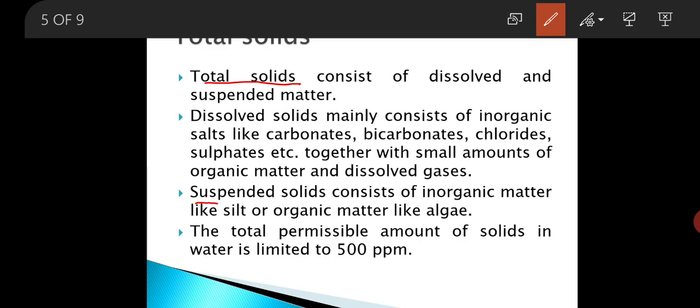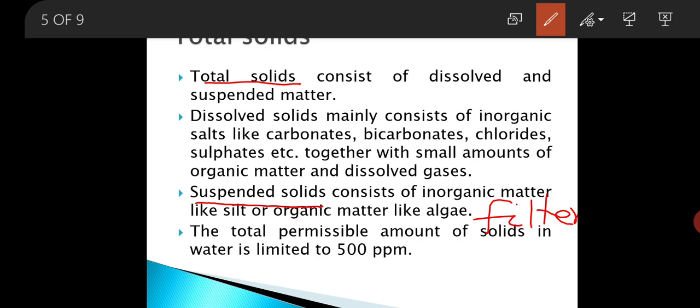And the suspended solid that is present in water can be found out by filtering the sample of water and weighing the residue left on the filter paper.